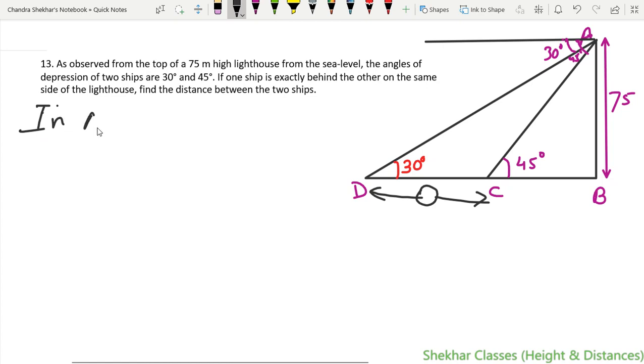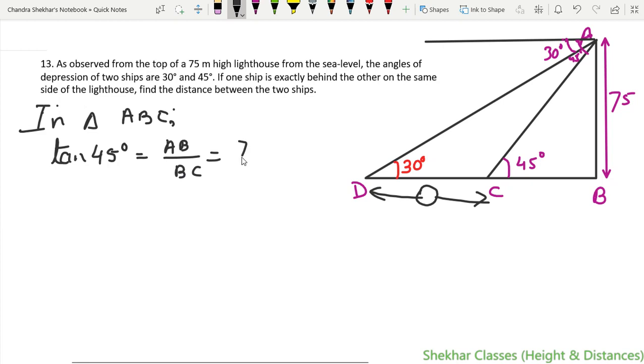in triangle ABC, we have tan 45°, so I will write here tan 45° is equal to AB by BC. What is AB in this case?